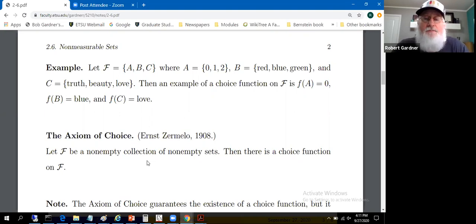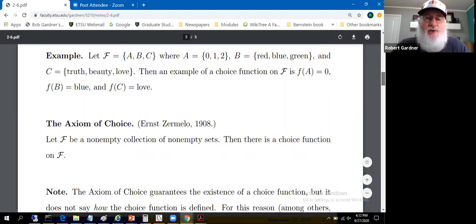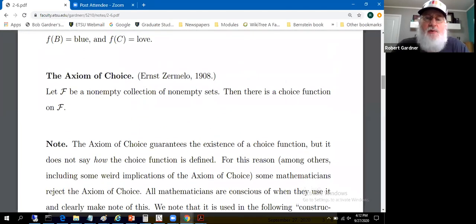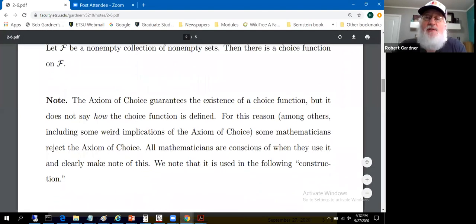So it's rather arguable as to whether what we're doing actually is a construction, because we're leaning on the axiom of choice. It guarantees the existence of this set, but it doesn't tell us how to make this set. The axiom of choice guarantees the existence of a choice function, but it doesn't say how the choice function is to be defined.